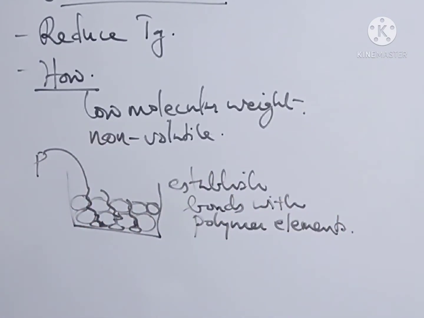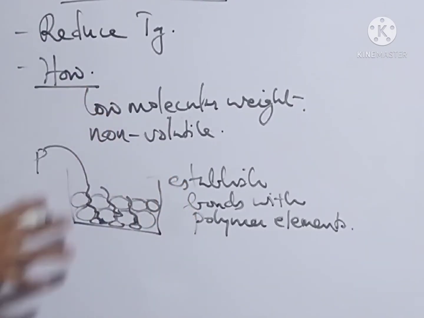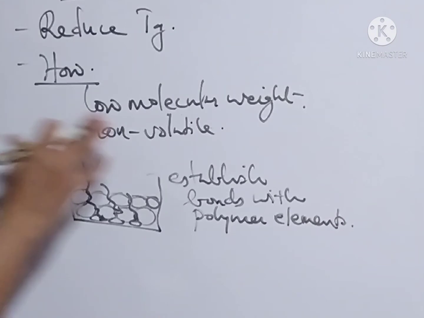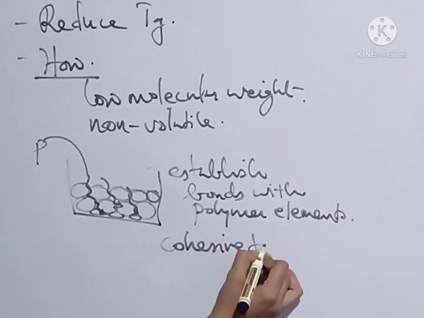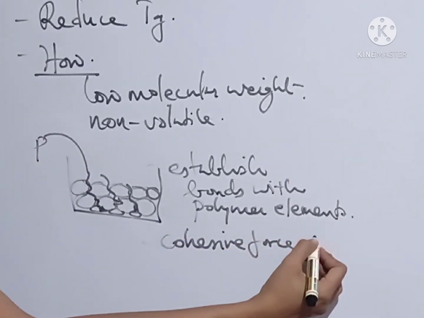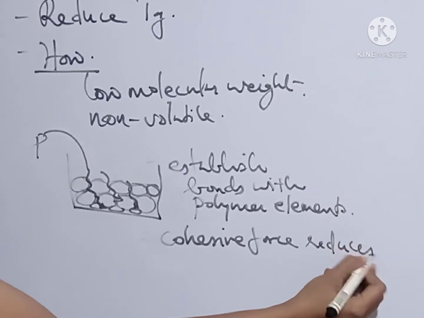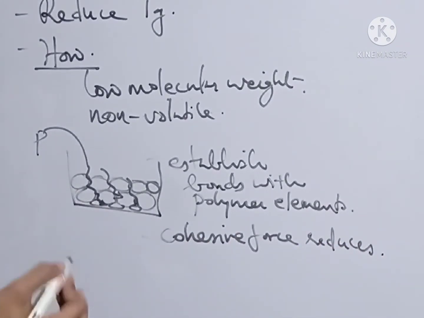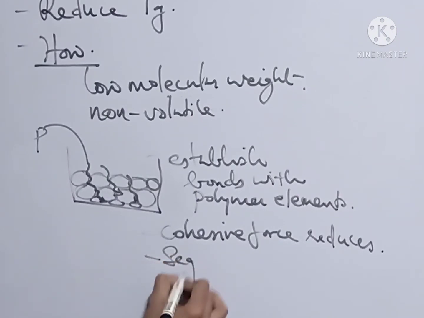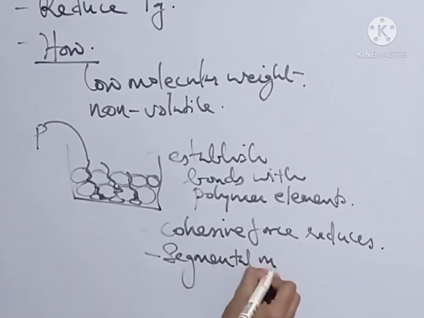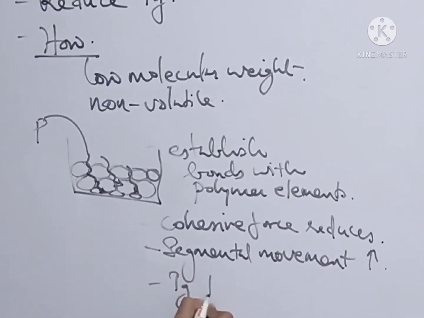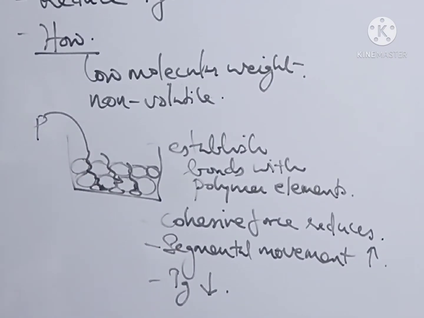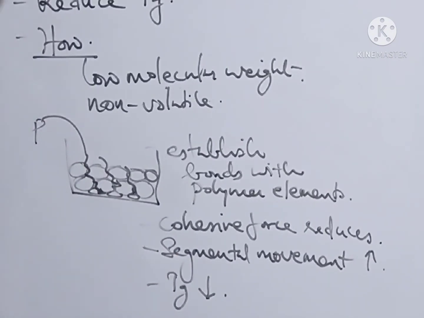So naturally, the already existing cohesive forces are reduced by this interaction. So the segmental movements increase and hence the glass transition temperature reduces.